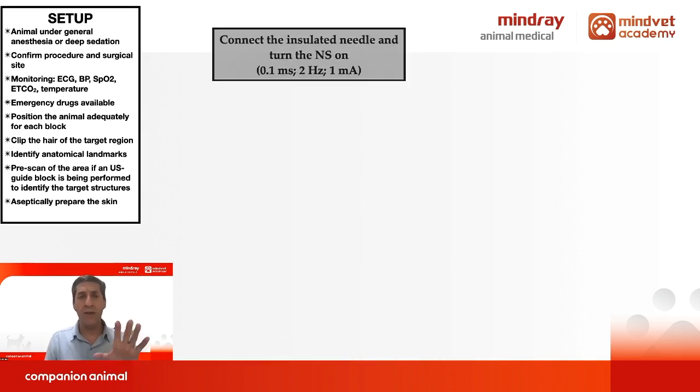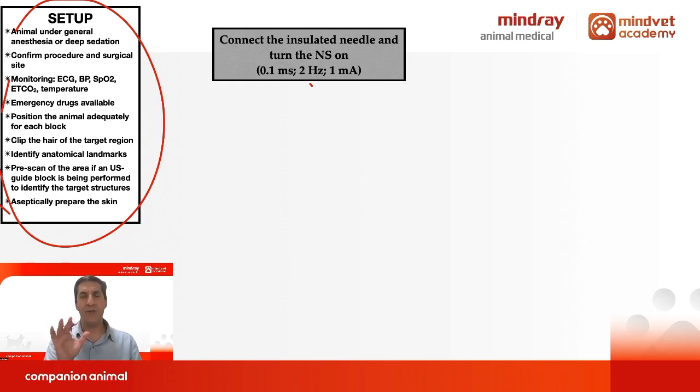When we use the nerve stimulator, we connect the insulated needle, turn on the nerve stimulator, and we preset the setting at 0.1 millisecond, 100 microseconds, 2 hertz, and 1 milliampere. Remember always to follow the safety of the procedure with monitoring, and be ready to treat any complication, etc.